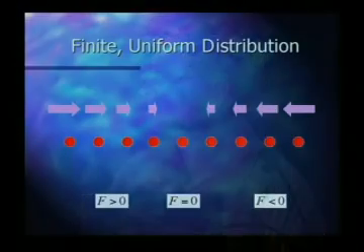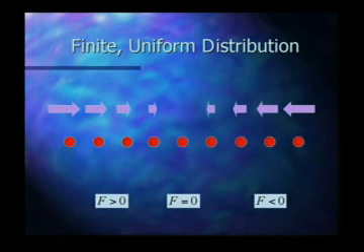Well, let's take this one step further and consider the forces in a finite but uniform distribution of masses. So each one of these masses has the same mass, m. They're all separated by exactly the same distance, d. We find that the force on the one in the middle is exactly 0 because all the forces cancel.